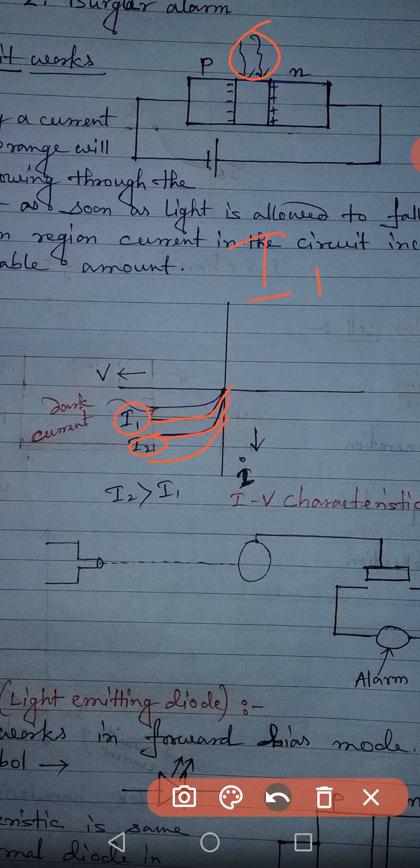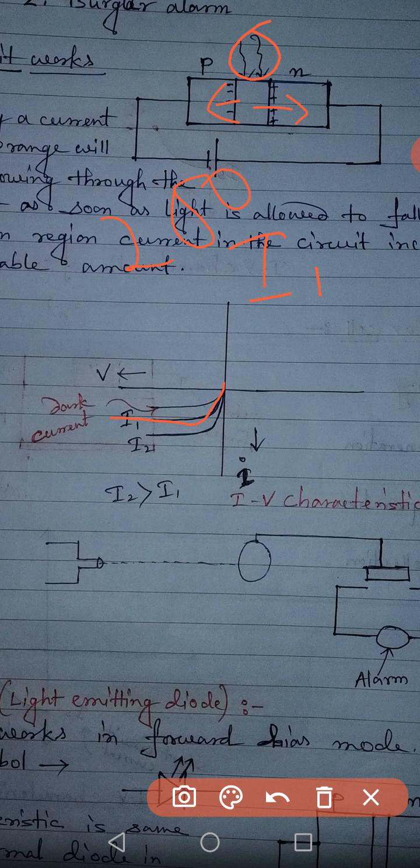Okay, then you may get a saturation region also here. Saturation region means, suppose this current is increasing and then it gets steady. It gets steady means, suppose at a particular intensity it is capable of producing 200 electron hole pairs. Once these 200 electron hole pairs reach their respective sides, the current in the circuit will be steady.